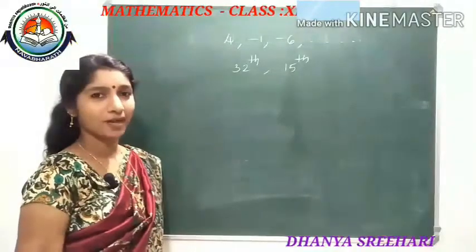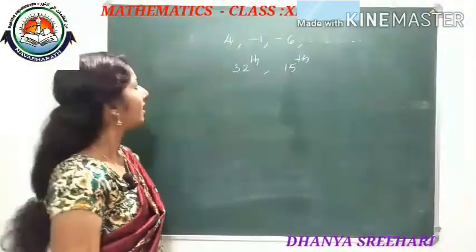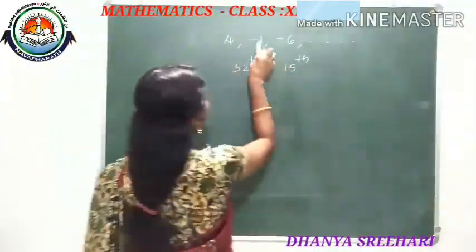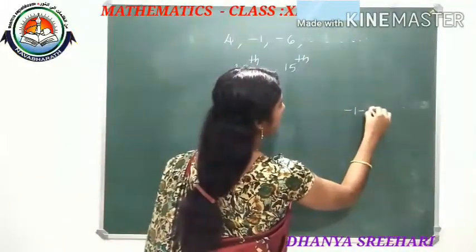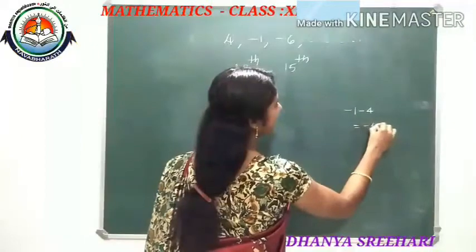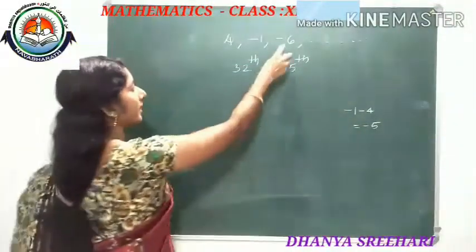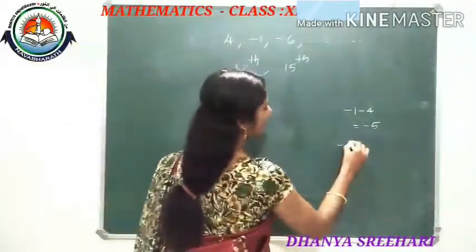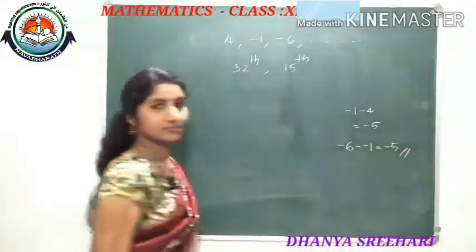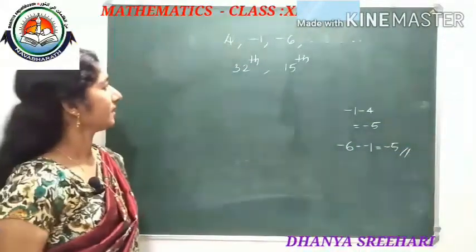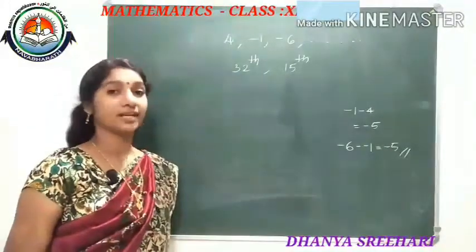How will you check? To check an AP, A2 minus A1. What is A2 minus A1? Minus 1 minus 4, we are getting minus 5. A3 minus A2: minus 6 minus minus 1, we are getting minus 5. Isn't it?